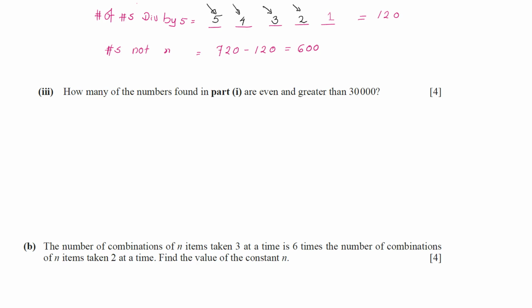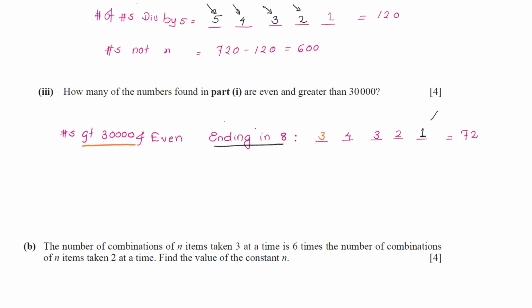Let us consider numbers greater than 30,000 which are even, such that they end in 8. So let's start with the last position, the units position. It can be filled in one way. It has to be that 8 itself that we will be using here.